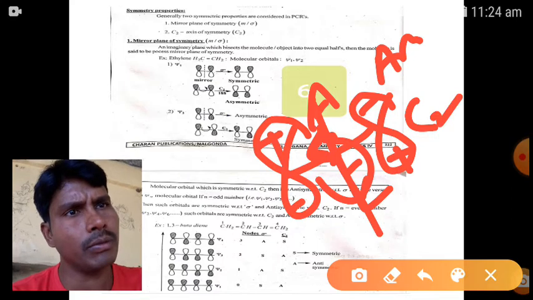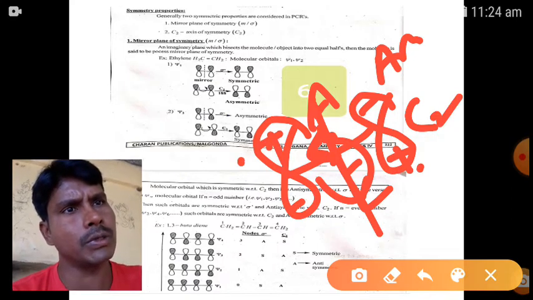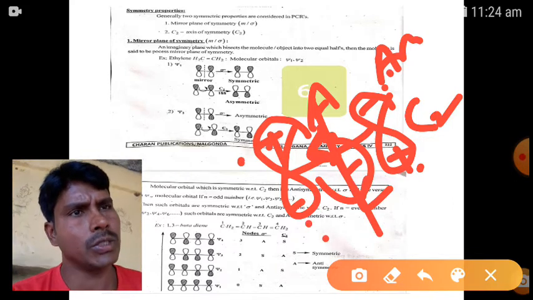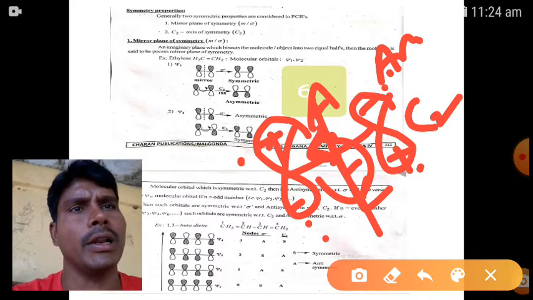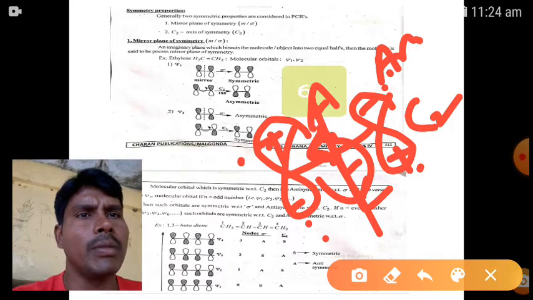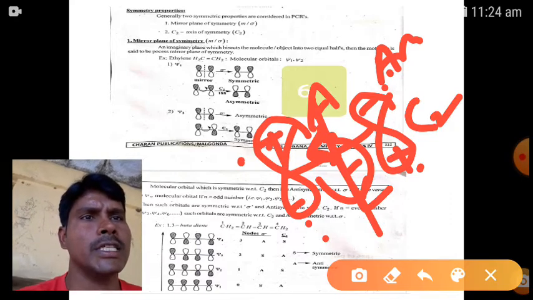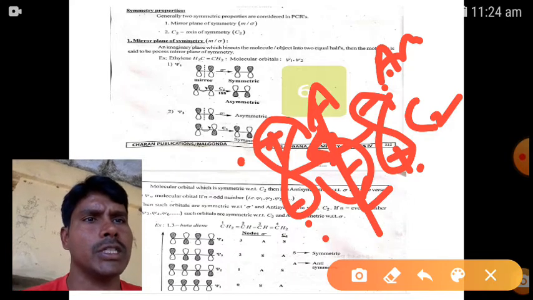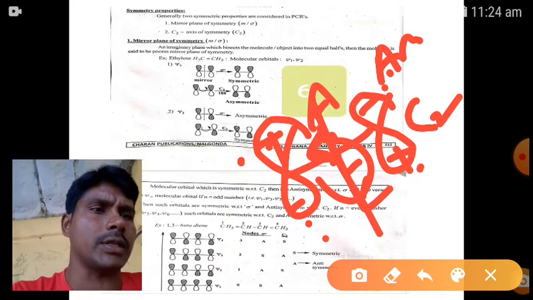With C2 of 180 degrees, this lobe comes here, the bottom comes to the top. So C2 is present. With respect to C2, this is a symmetric molecular orbital. Molecular orbitals which are symmetric with respect to C2 are anti-symmetric with respect to sigma, and vice versa.